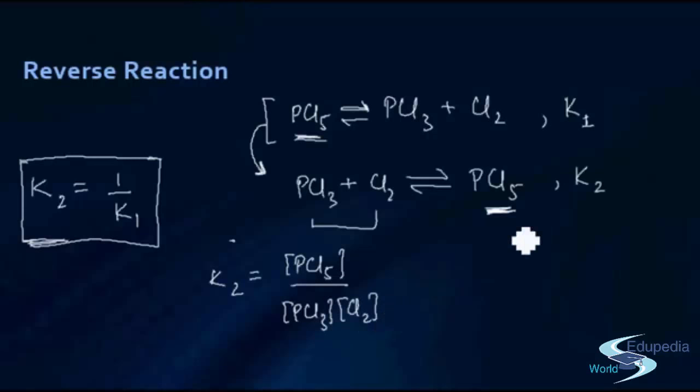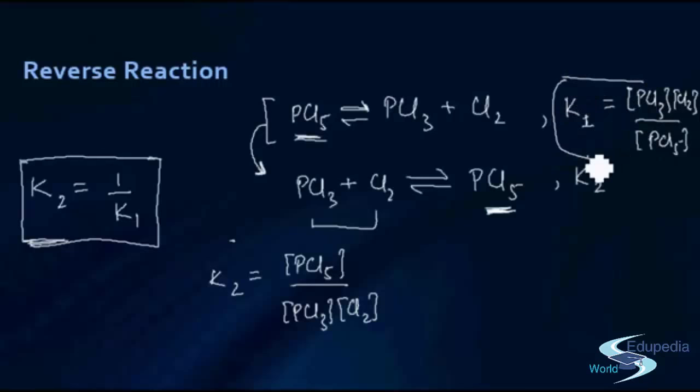And we already know that K1 is given to us and it is simply equal to the concentration of PCl3 into the concentration of Cl2 divided by the concentration of PCl5. It's simple. You can observe that K2 is nothing but 1 by K1. By looking at the expressions of K1 and K2, we can simply deduce that this law is quite true.